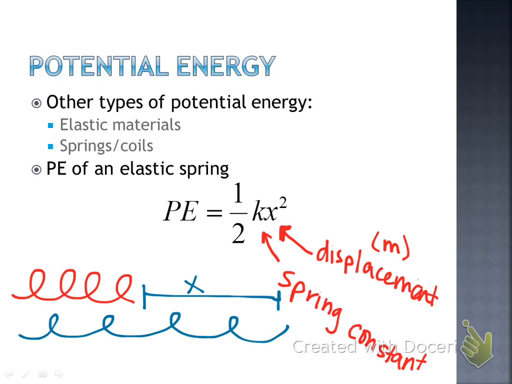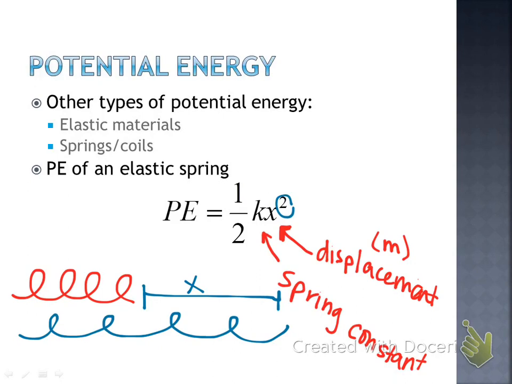Yeah, you can make it negative, but since you're going to square it, it doesn't really make a difference. So good question. The important thing to remember about springs is that your x distance is rarely going to be given in meters, because rarely do you have a spring big enough to displace it meters worth, right? It's usually going to be centimeters or millimeters that you're going to have to convert. So just something to pay attention to on your springs.